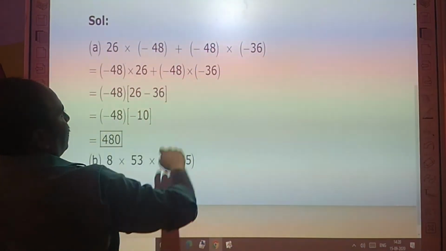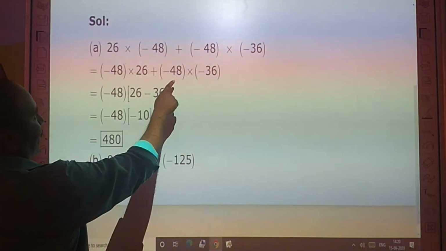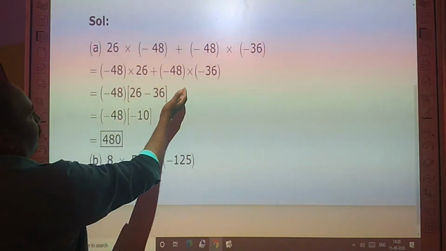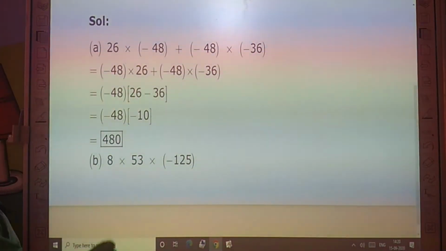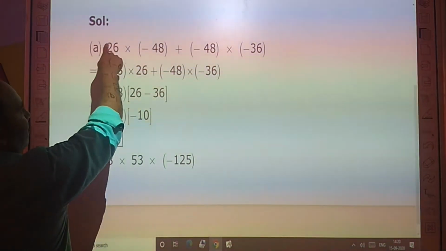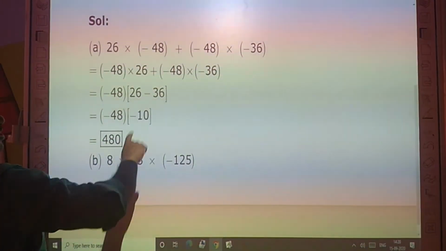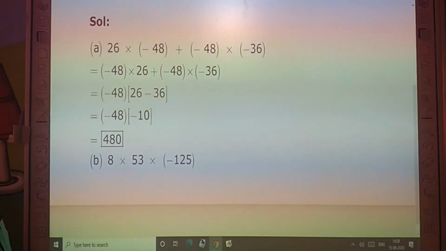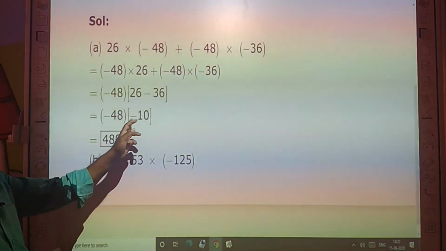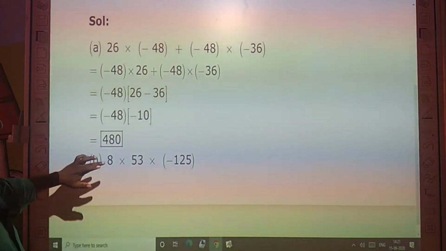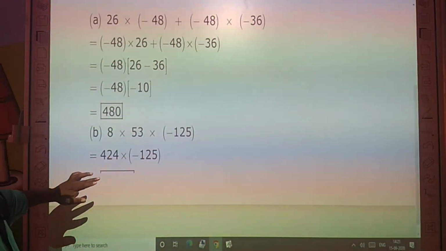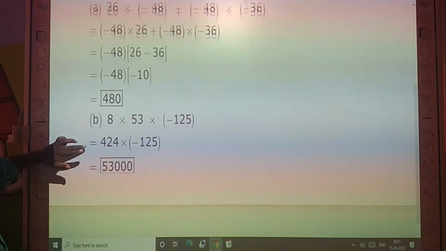Minus 48 is common in both, so we take minus 48 outside. Minus 48 remaining, 26 minus 36. 26 minus 36 is equal to minus 10. Minus 48 into minus 10. Minus into minus is plus, 48 into 10, which is 480.